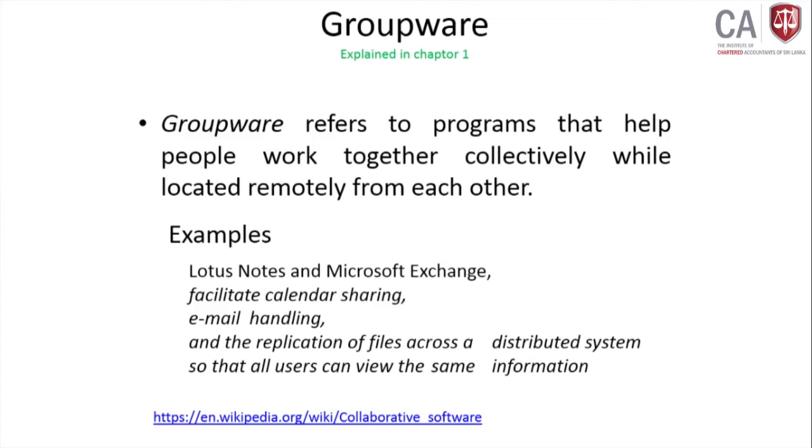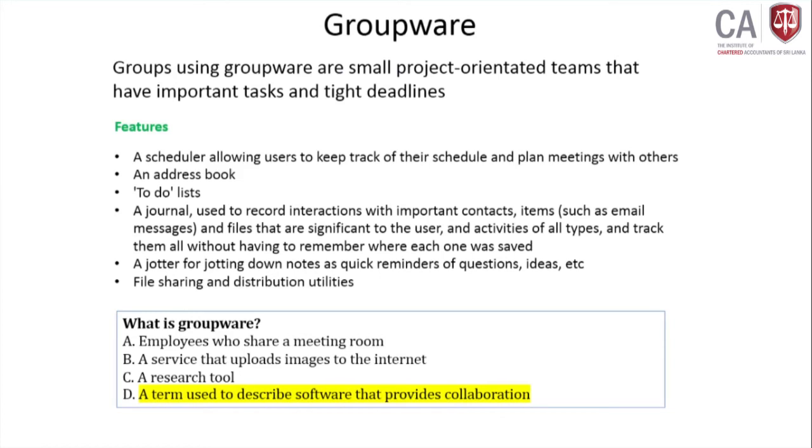Groupware was already talked about in the previous slide also. It's collaborative software, that is what you have to memorize. Groupware is used by small project-oriented teams that have important tasks and tight deadlines.